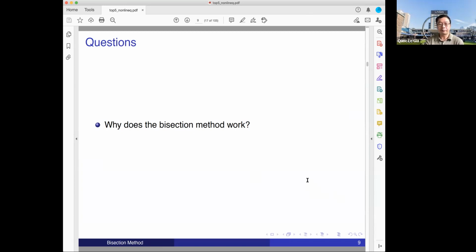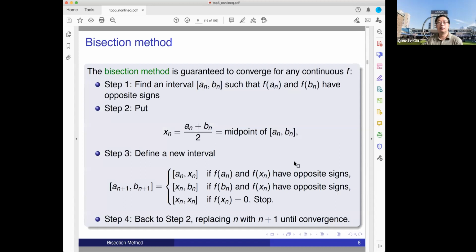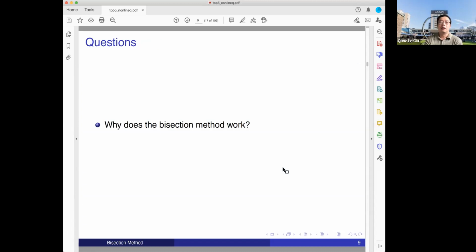Anyone? Yes, continuous. It has to be continuous. Because if f is not continuous, if it's broken somewhere, then your subintervals might not contain the zero. One can go up to infinity, one can go down to minus infinity, right?